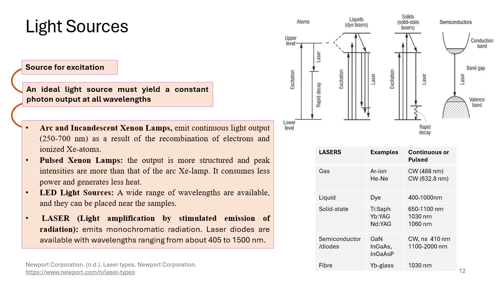Here I have listed different kinds of light sources, and nowadays we mostly use lasers or semiconductor types of light sources. An ideal light source must yield a constant photon output at all wavelengths.